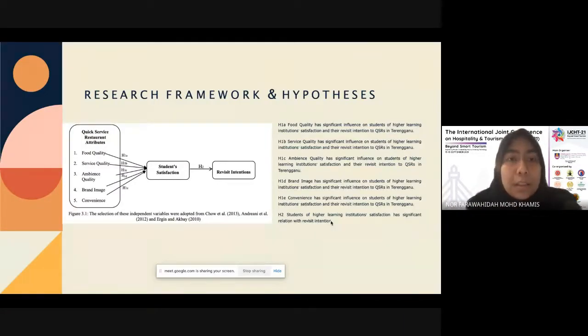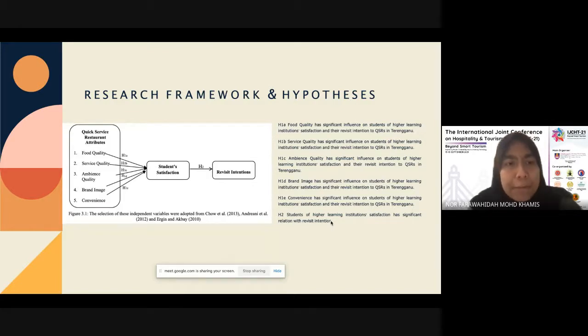Now let's proceed with the research framework. Previous studies conducted by several scholars have determined the factors affecting customer satisfaction. Nevertheless, there is no agreement on which factor contributes the most to customer satisfaction. This might be due to the fact that each research was carried out with different samples, at different locations and scope.